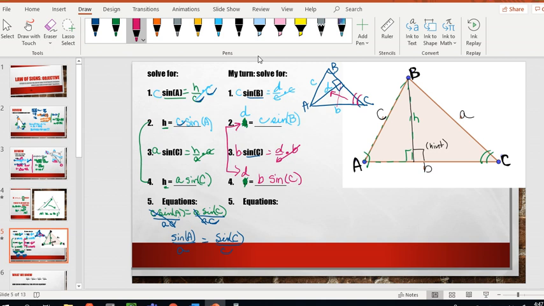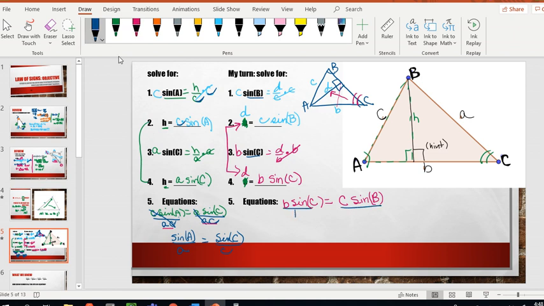All right, notice here I have a D equals and a D equals. So I'm going to set my 2 D's equal to each other. Well, I have B sine of C equals C sine of B. Now, think about what I did over here, dividing by something very particular. I'm going to do it again.